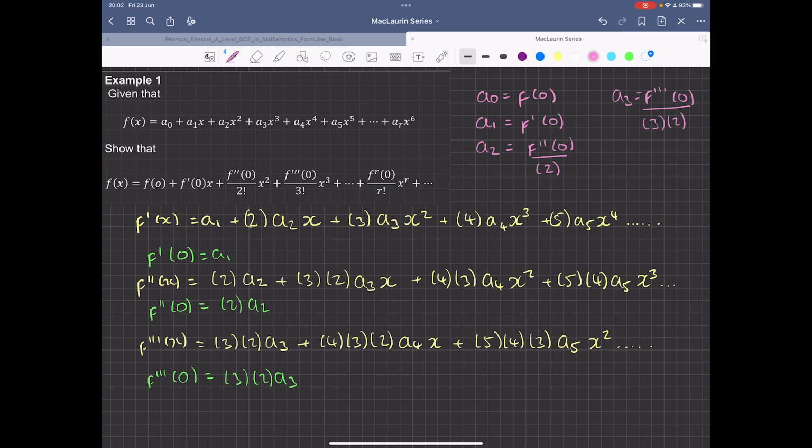Okay, so at this point we should see a pattern. Can you see that the next set of solutions will be the fourth derivative of 0, and this will be 4 lots of 3, lots of 2, and then a4. So this will give us a4, the fourth derivative of 0 divided by 4 times 3 times 2.